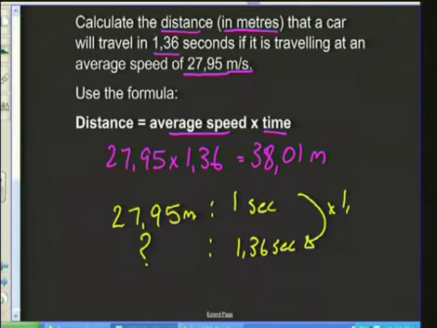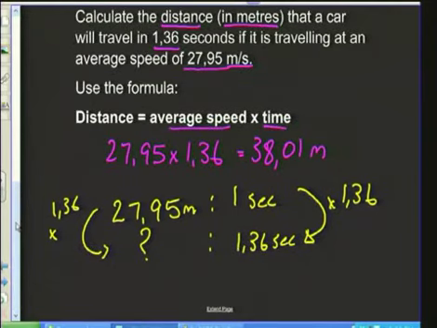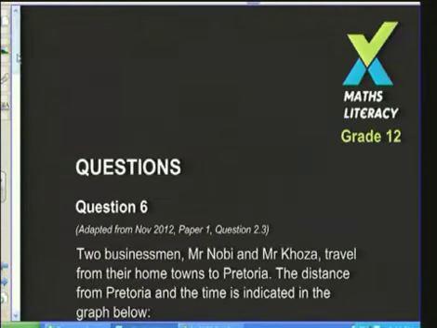We times by 1,36, the same thing we did above. So it's important that you remember things like meters per second. Those are 2 units. Okay, and we got our answer. Reread: calculate the distance in meters that a car traveling at an average speed, and we've got it. So we've answered our question, and we can move on to the next question.